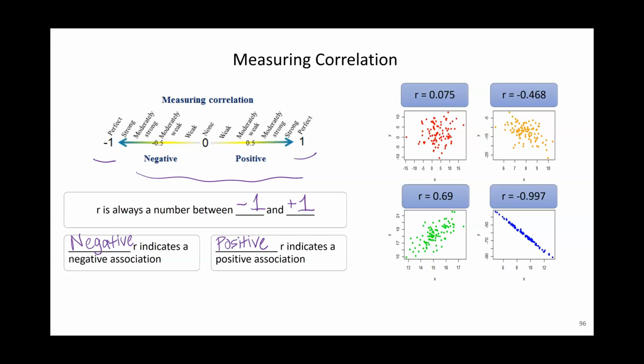So I have a positive association. In general, the closer to -1 or the closer to +1 it is, the stronger the relationship is. The closer to 0 it is, the weaker the relationship. A correlation coefficient of 0 tends to mean that there's no detectable linear relationship between two variables.